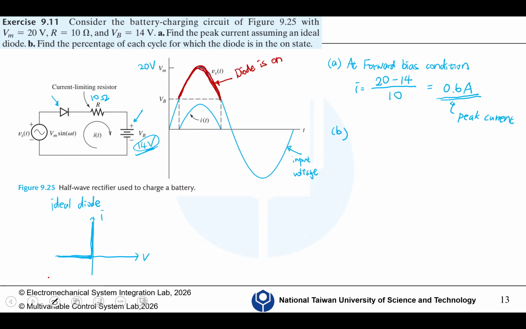Because we assume it's an ideal diode, when the diode is on we need Vin larger than or equal to VB.